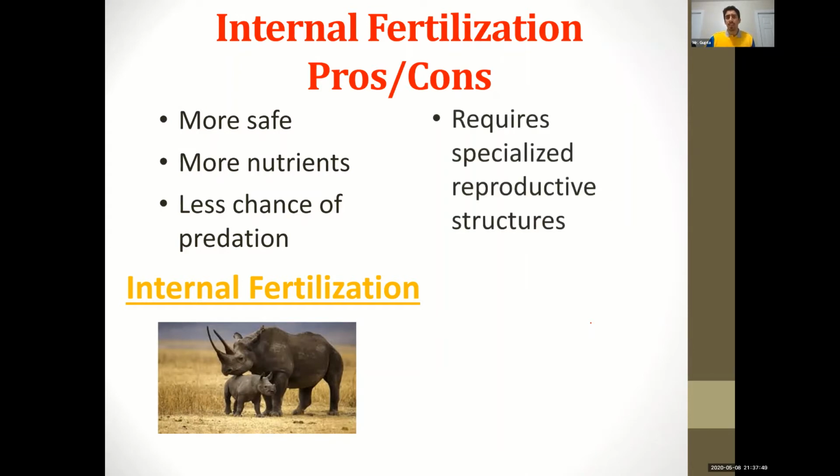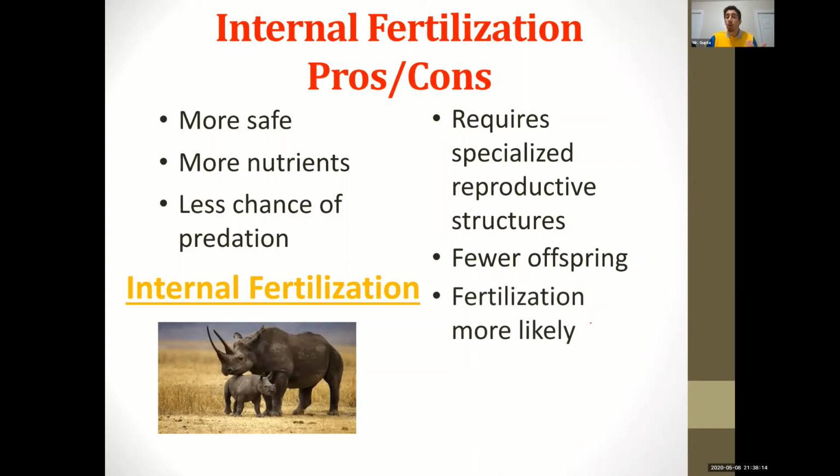Some of the cons, internal fertilization often at times can require specialized reproductive structures. There are fewer offspring in general just because internal fertilization, having an embryo growing inside of the mother, takes a lot of energy. Therefore, that mother will likely have fewer offspring because each offspring requires more energy.